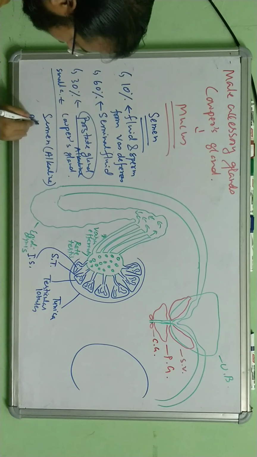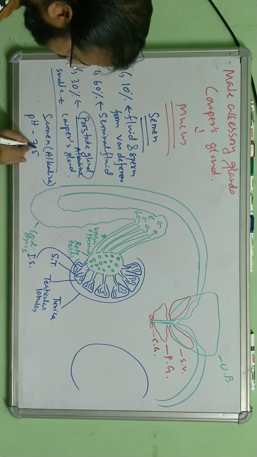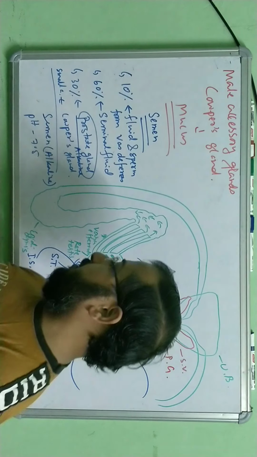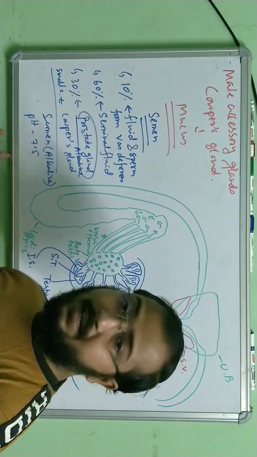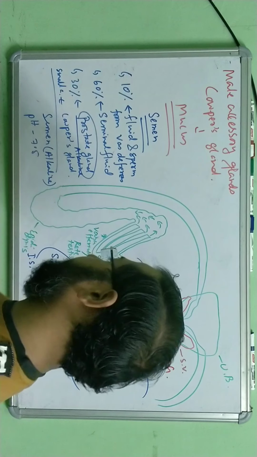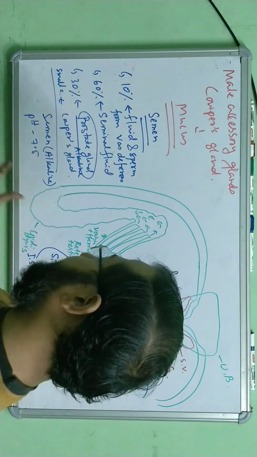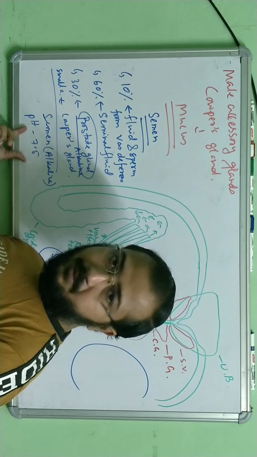The pH, if we see, is 7.5. There is a logic why it is alkaline. We will discuss this in our next topics. So this is the composition of the semen, which makes it alkaline in nature, pH 7.5. Clear?